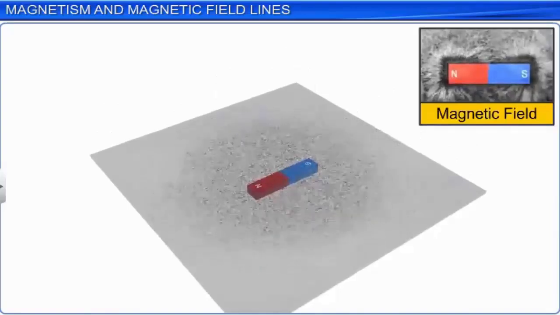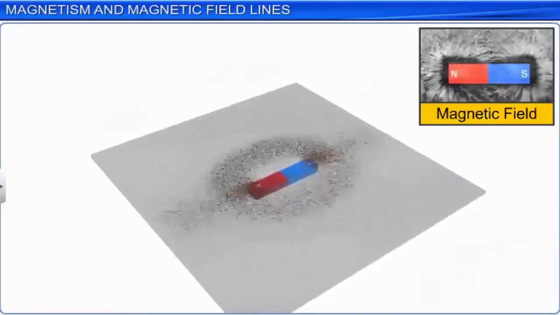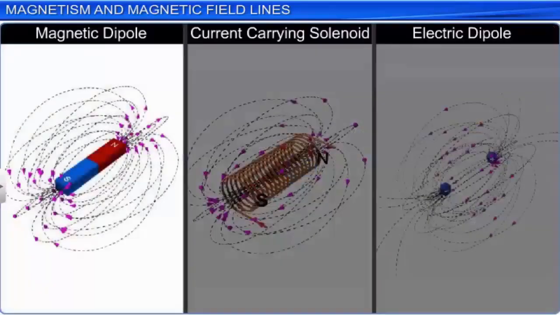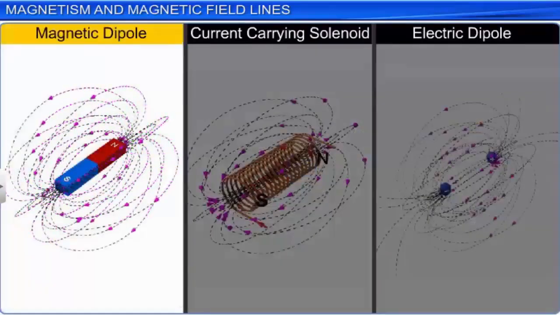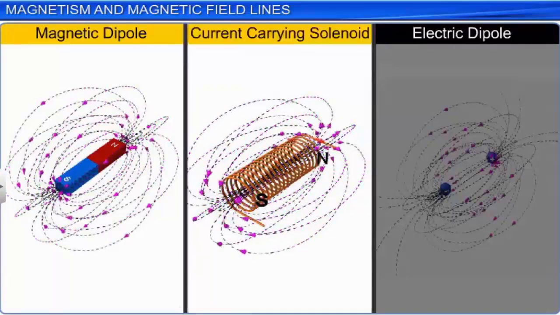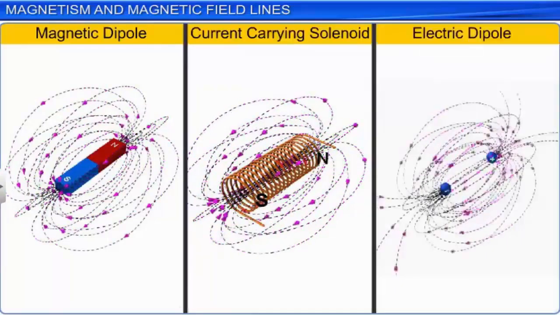As the magnet is brought close to the glass sheet, we observe that the iron filings on the sheet arrange themselves as shown. If we draw lines along the orientation of the iron filings, the lines will represent the magnetic field lines. Similar field lines are observed in the case of a current-carrying solenoid and an electric dipole.